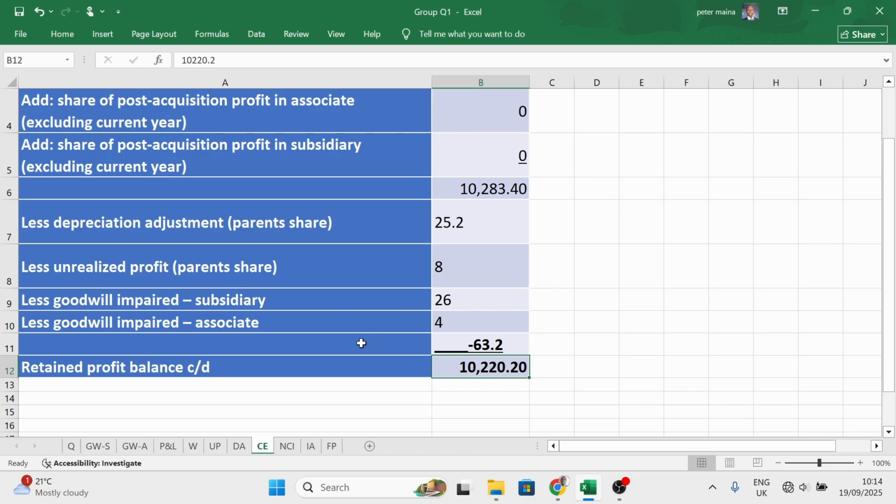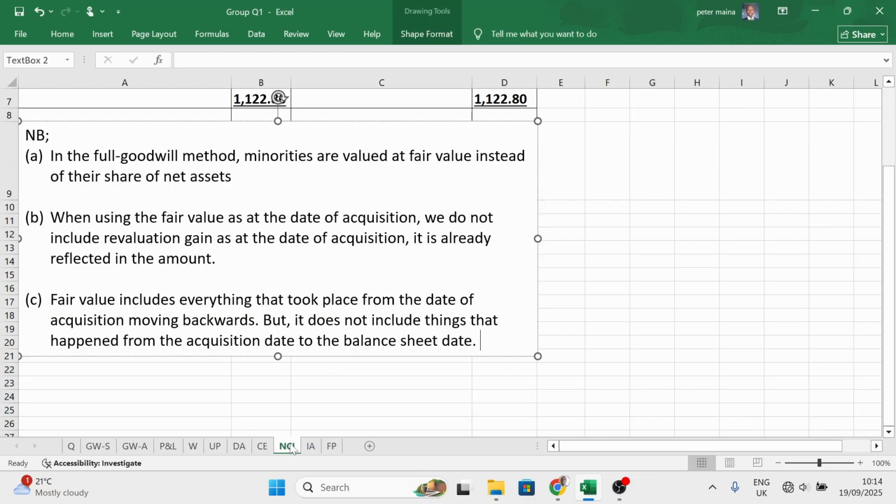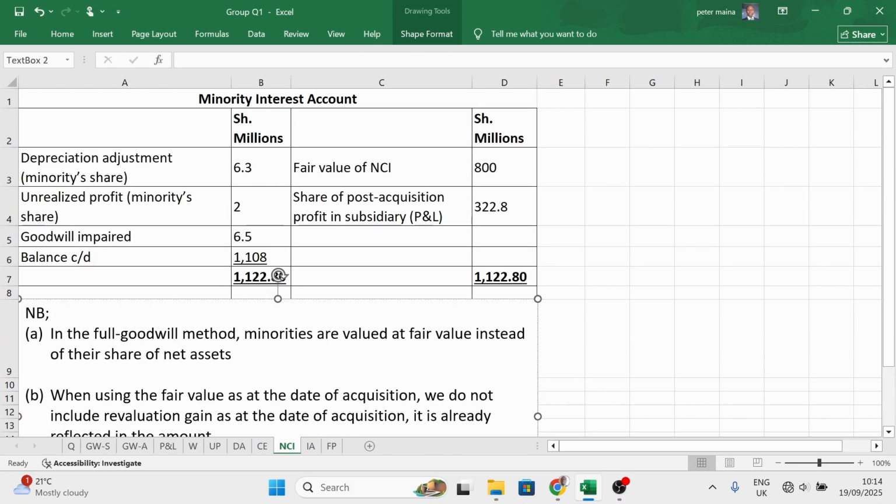So next we go to non-controlling interest or the minority interest. So remember, we are using the full goodwill method. So we are not going to show the share of net assets. We are not going to break them down into ordinary shares, share premium, the retained profit.